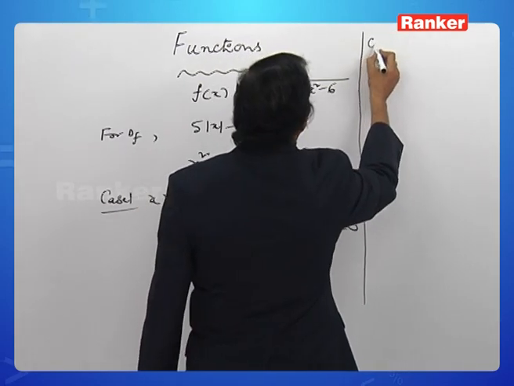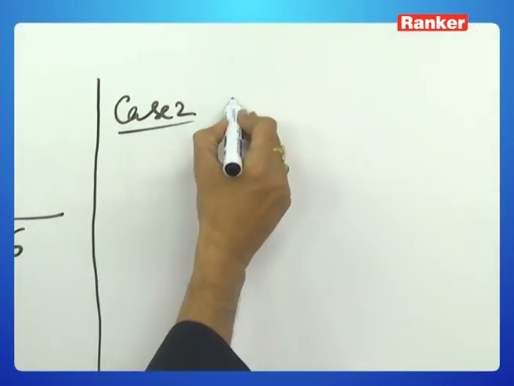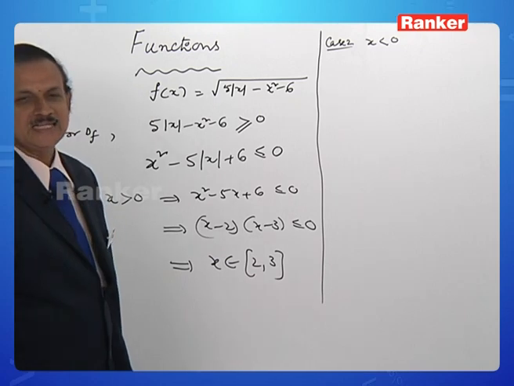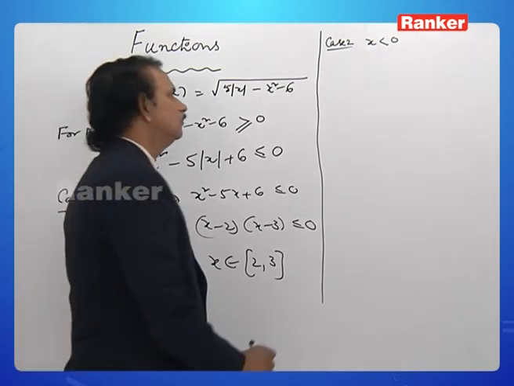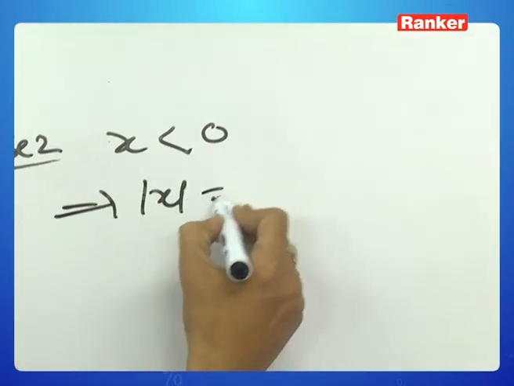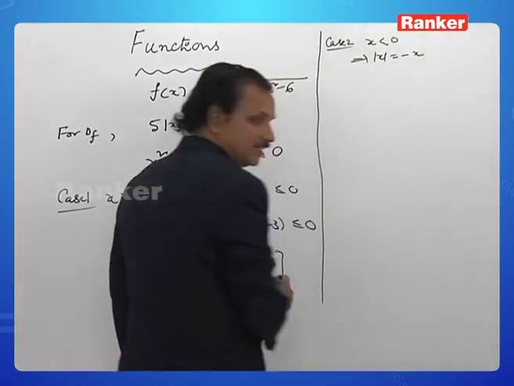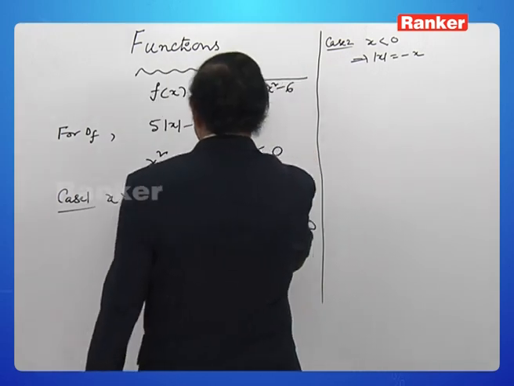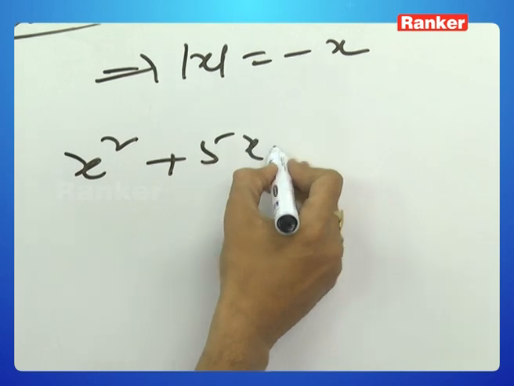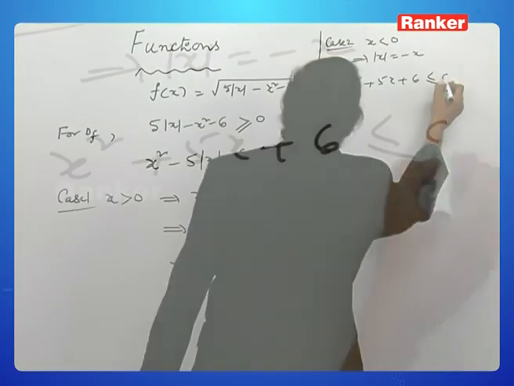Well, what about case 2? What is case 2? x less than 0. In this case, mod x is equal to how much? Minus x. What is this condition? x square plus 5x plus 6 less than or equal to 0.